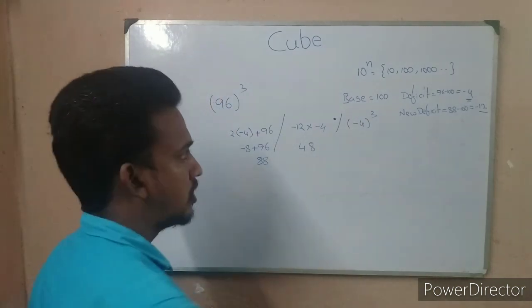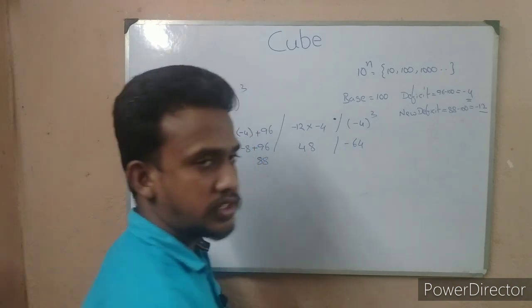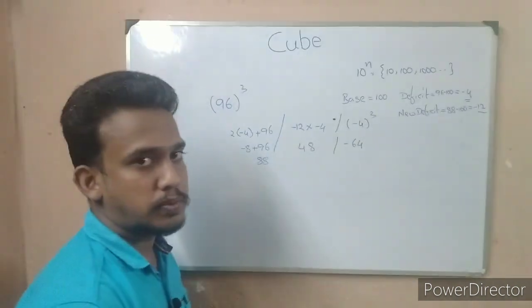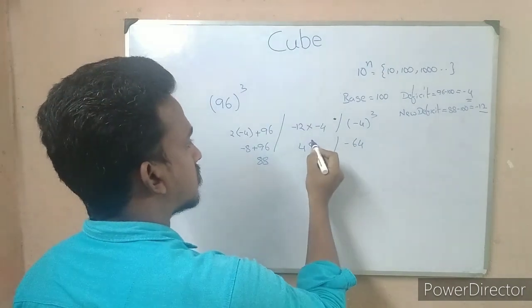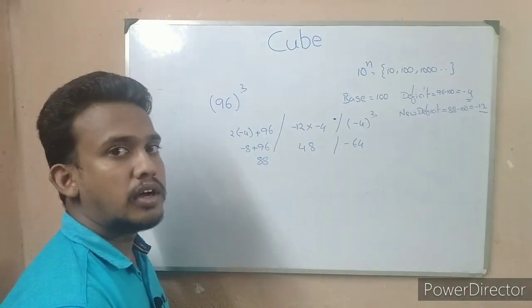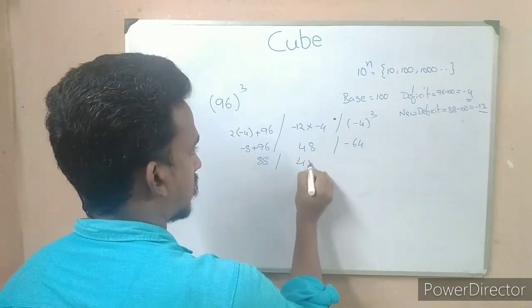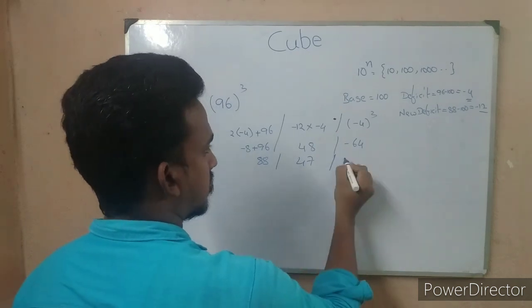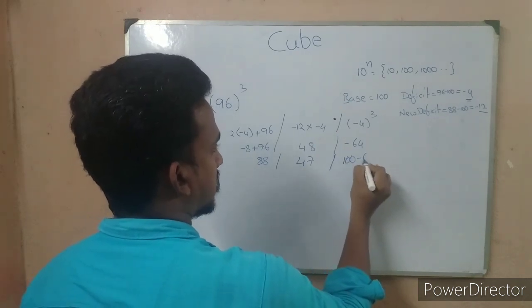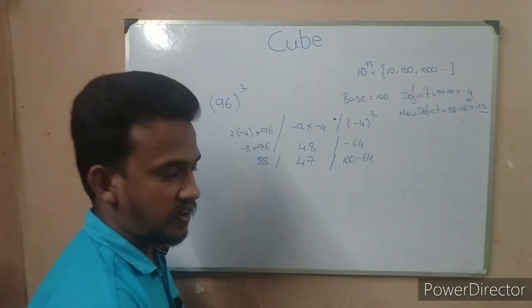The next step is to cube the initial deficit, which becomes minus 64. A minus term should not be there, so to eliminate it, we take one value from the left side, which becomes 47, and 100 minus 64, since this one value equals the base value.